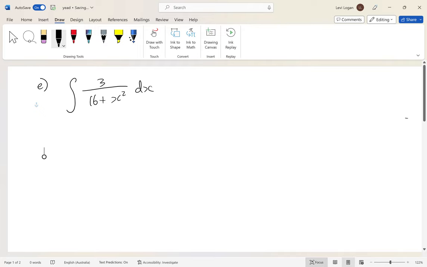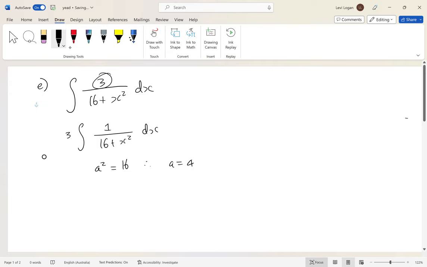Alright, so same thing, we've got a constant up here, so we'll just put it out the front. So we get 1 over 16 plus x squared dx. Just from looking at this, we can tell it's going to be a tan inverse, because it has x squared on the bottom, but it doesn't have a square root over the top. So a squared is 16, therefore a is 4.